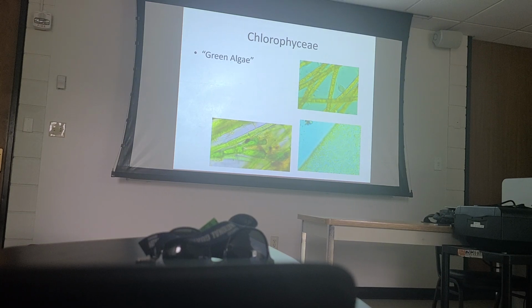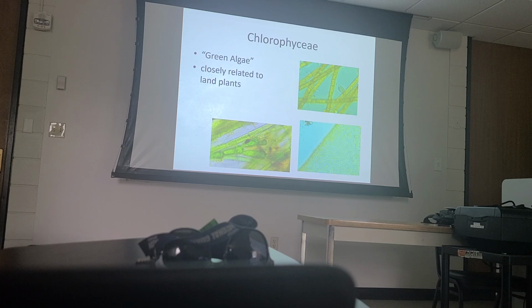Alright, so green algae, or the Chlorophyceae, closely related to land plants. So land plants did not evolve from the green algae that exists today, but they share a recent common ancestor. But they do have that grass green color. Since they're so common, they're very important primary producers.